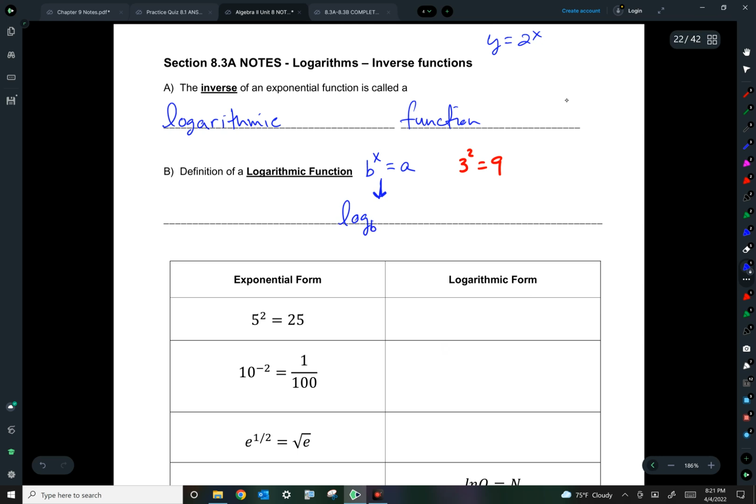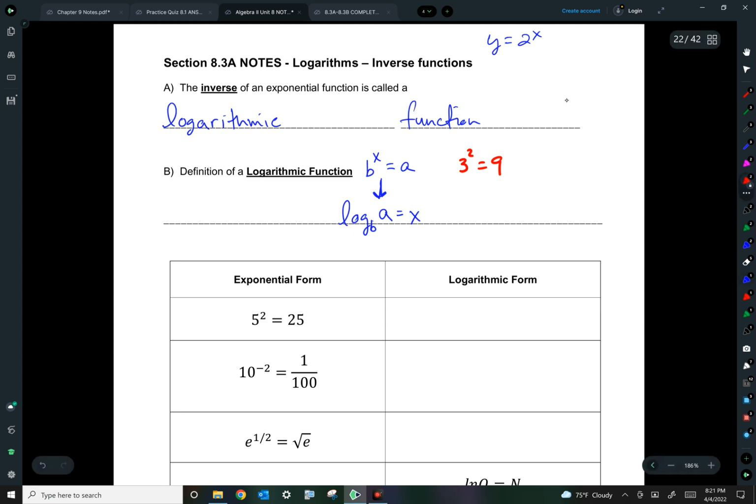So we would say log base b. And then right next to the word log, on the same level as the word log, is the answer. And then we say it equals the exponent, okay? Now, you're not having to understand something with this. You're just memorizing how to go from one to the other. So this tells you the order that all the numbers go.